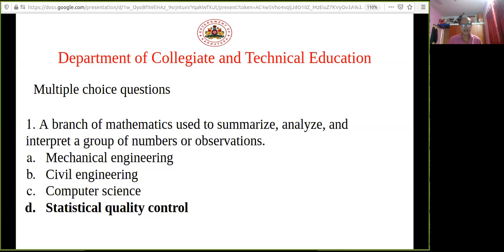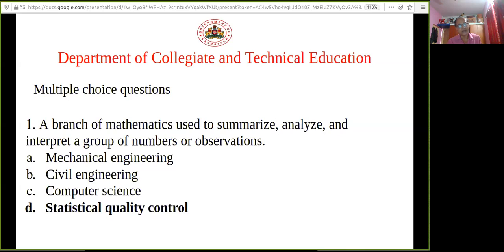Now we'll study some multiple choice questions. The first question: a branch of mathematics used to summarize, analyze, and interpret a group of numbers or observations. As I have told you, when we categorize statistical quality control, we categorize it into three groups.